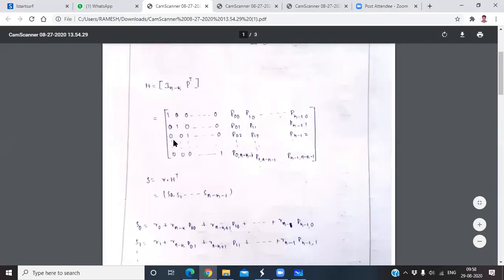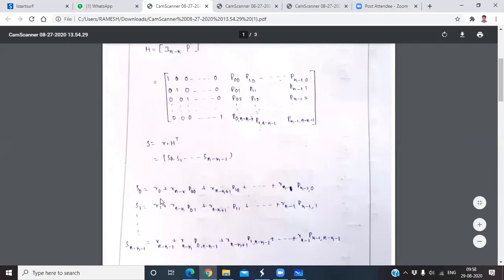This is H actually, now you have to go for H transpose. When you go for H transpose, you just have to reverse this. When you multiply that, you will get R0 to Rn minus 1. But your doubt is why here n minus k plus 1, n minus k plus 2 up to n minus 1. Is there any doubt here?